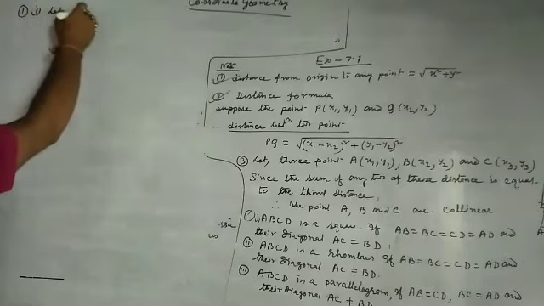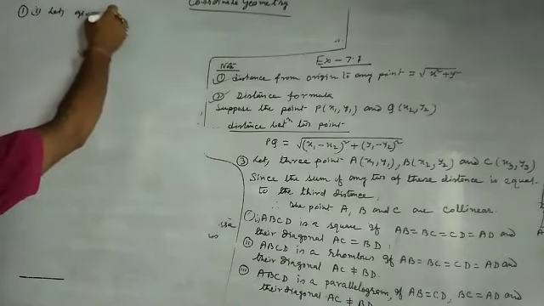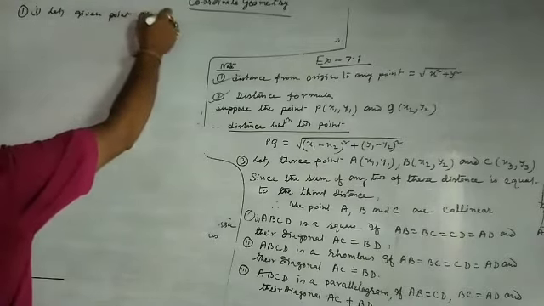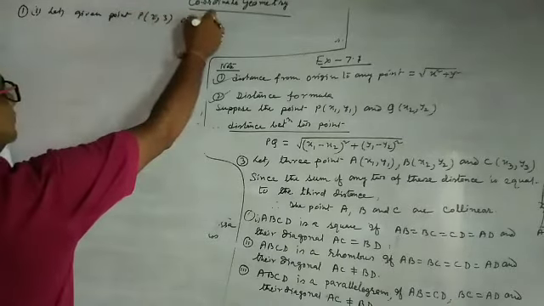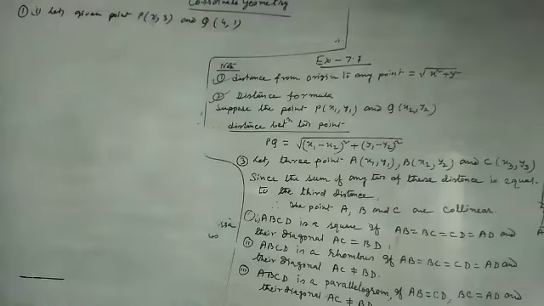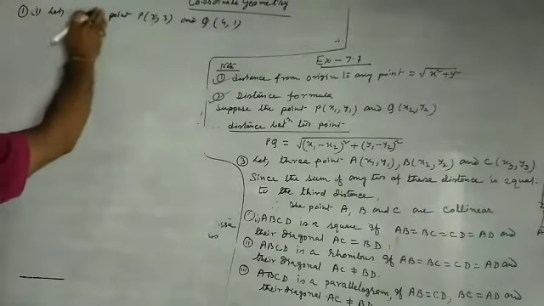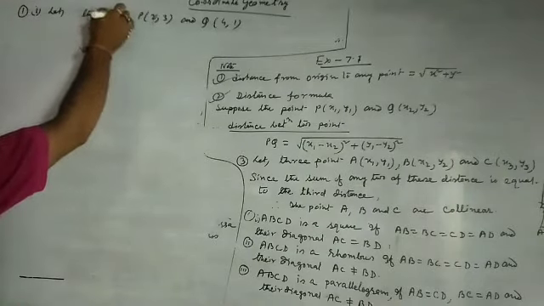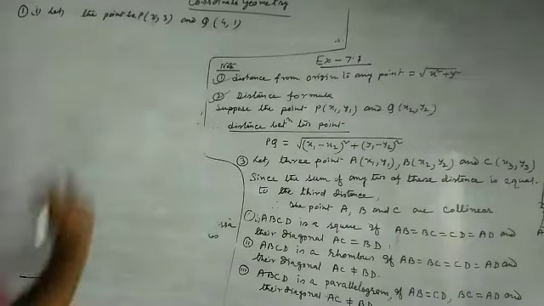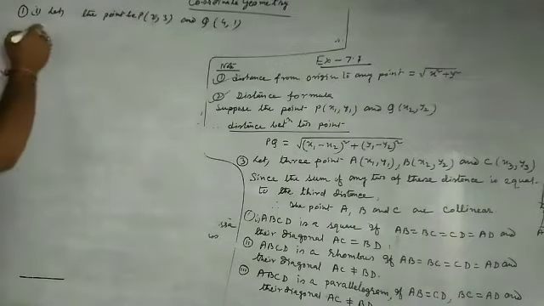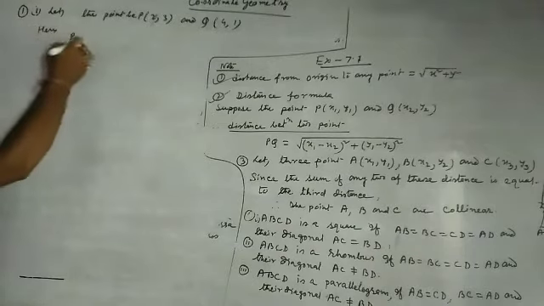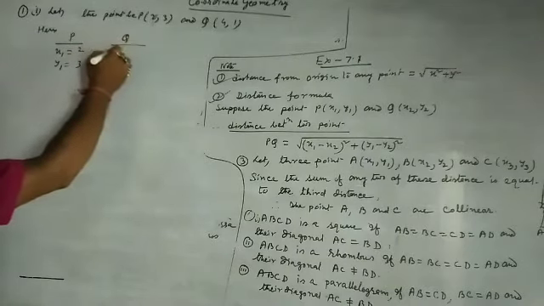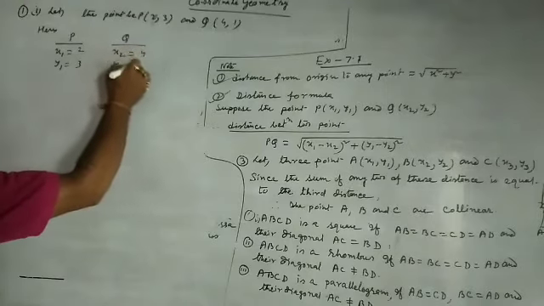Given the points P(2, 3) and Q(4, 1). So here for P we take x1, y1 as 2, 3, and for the second point Q, x2, y2 as 4, 1.